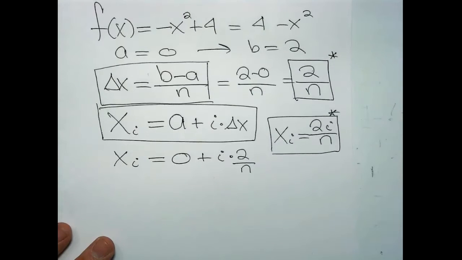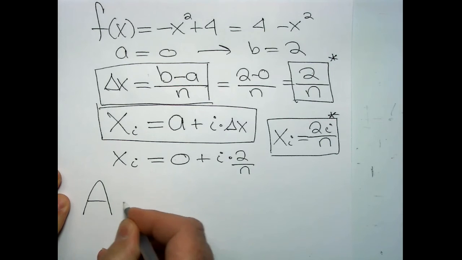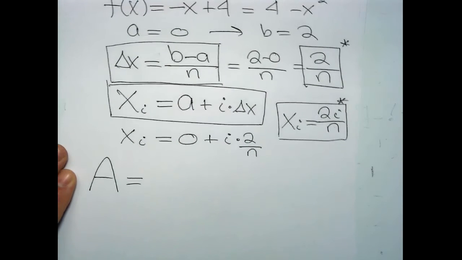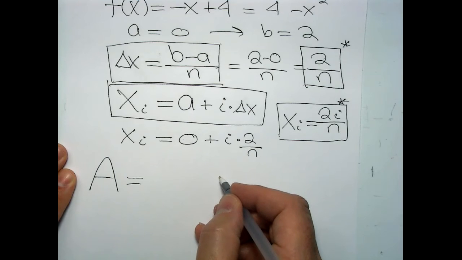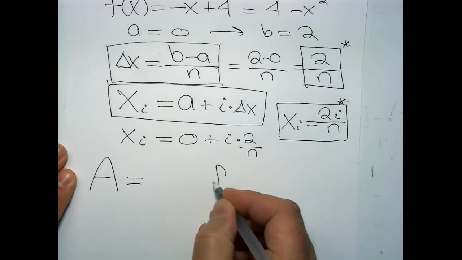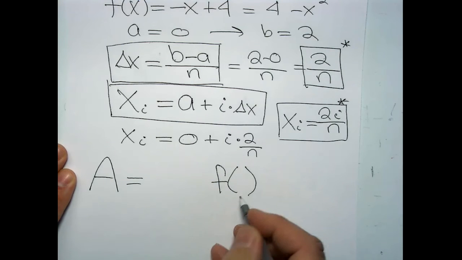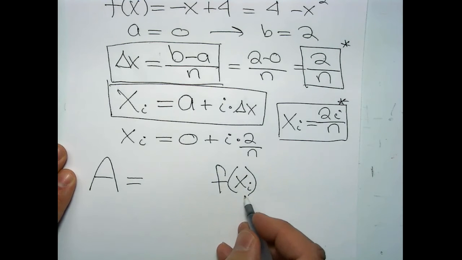All right. We're almost there, guys. Because now the ultimate in finding exact areas is to say, well, I know that the area of each rectangle is a height, and there's only one way to get height. That's a y value. You need the function. You want to evaluate the function at each individual x sub i, so we're marching along, getting our different heights.